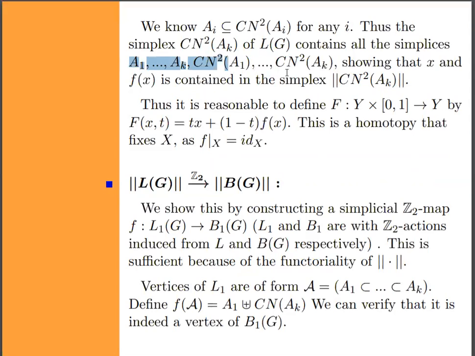So basically all this is contained in Cn2 of AK. So that just means that X and F of X are contained in this simplex.